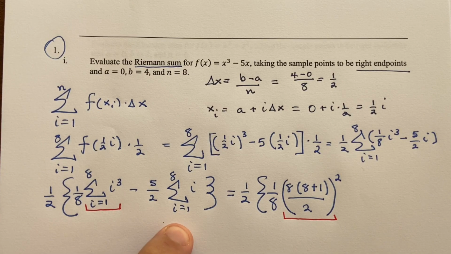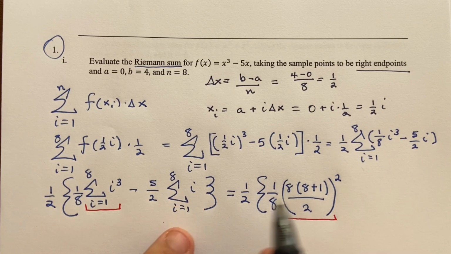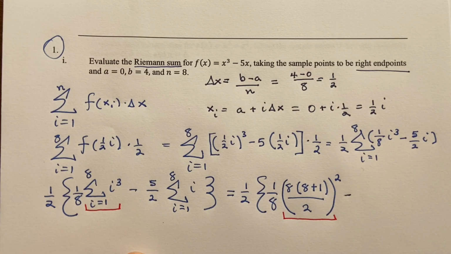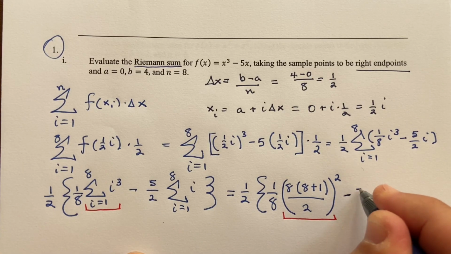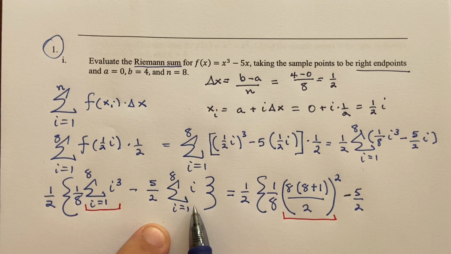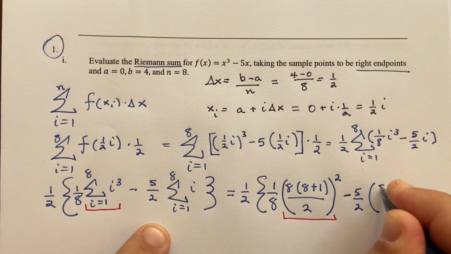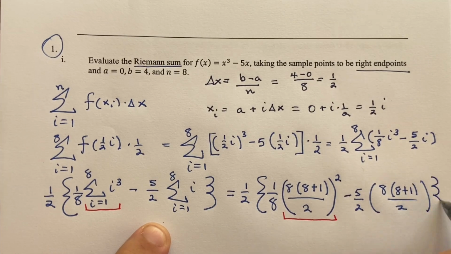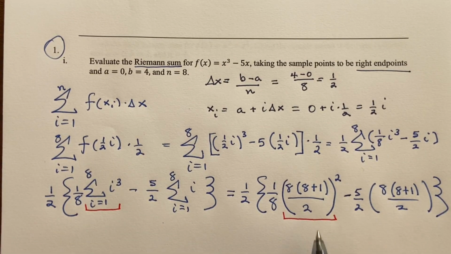The sum of i has its own replacement, and we're going up to n equals 8 again. So I'll have minus 5 halves, and then the formula for the sum over i is just n times n plus 1 over 2. So we'll have times 8 times 8 plus 1 over 2, and braces. So whatever number this is is our answer for part 1 here, actually.